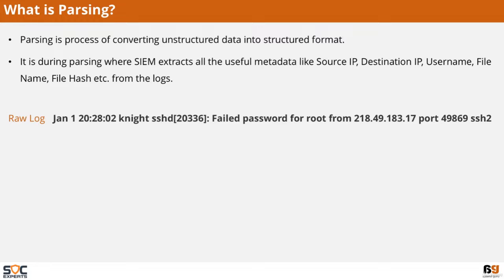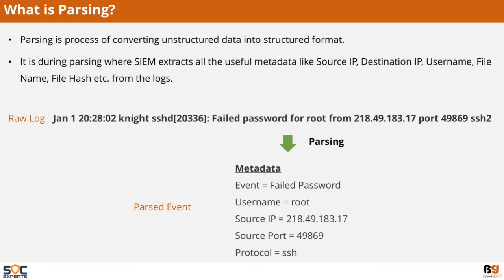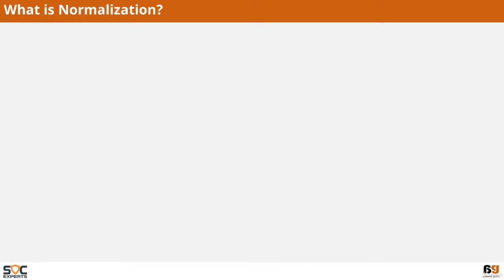When this log reaches the SIM and undergoes parsing, the useful information, that is metadata, will be extracted and presented like this, wherein we see the username as root, source IP address as 218.49.183.17, source port as 49869, and protocol as SSH.